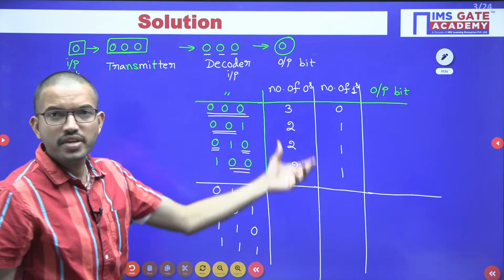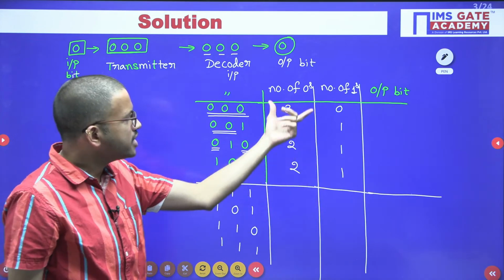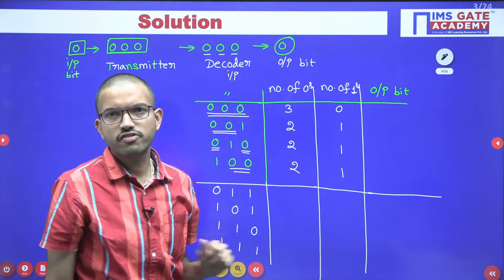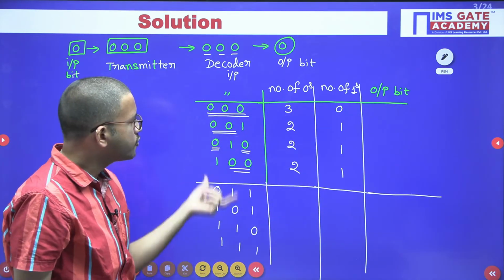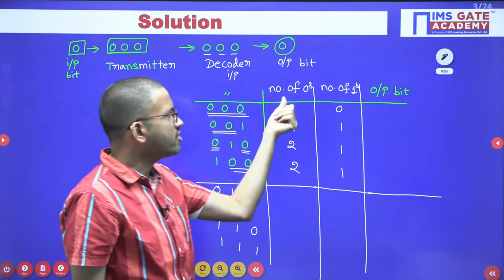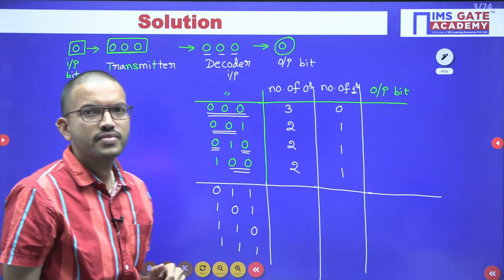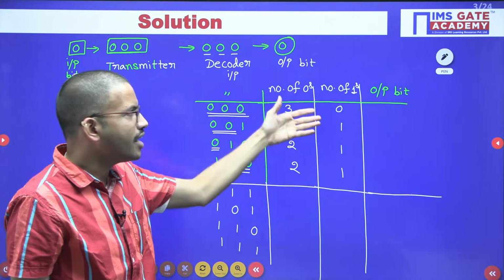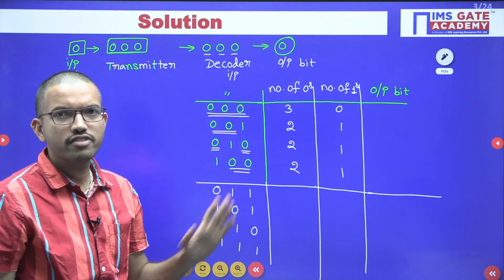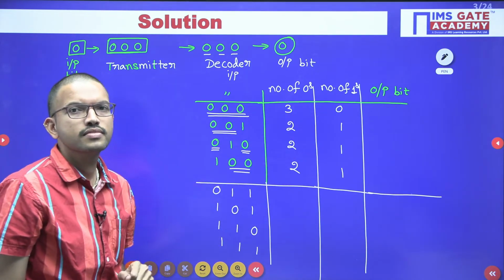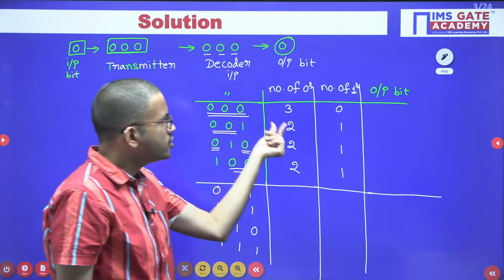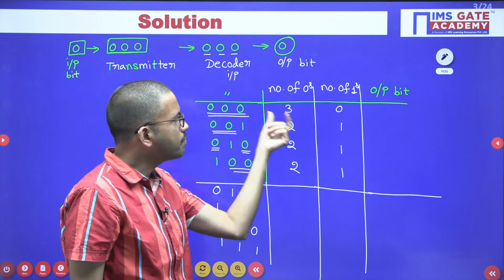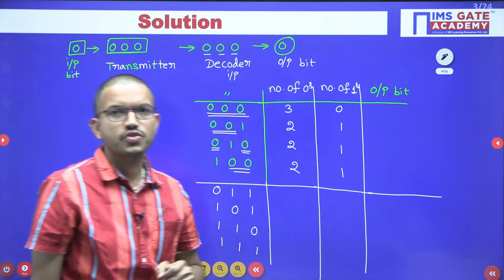Now just tell me, Mohit, what is the relation between number of zeros and number of ones for all these 4 combinations? Whether number of zeros is greater when compared to ones or number of ones is greater when compared to number of zeros.